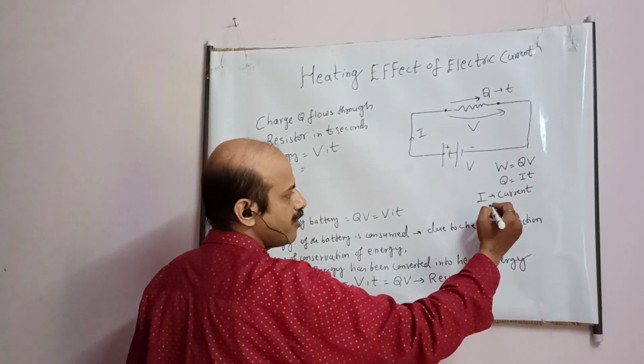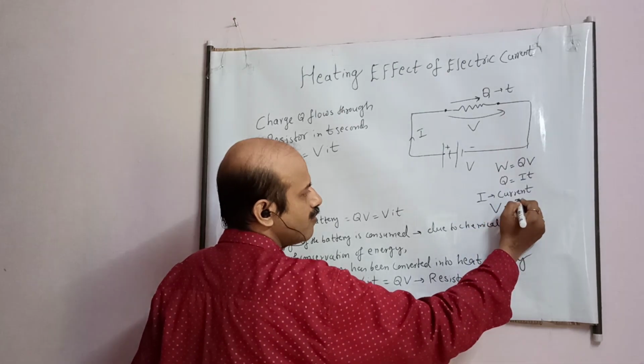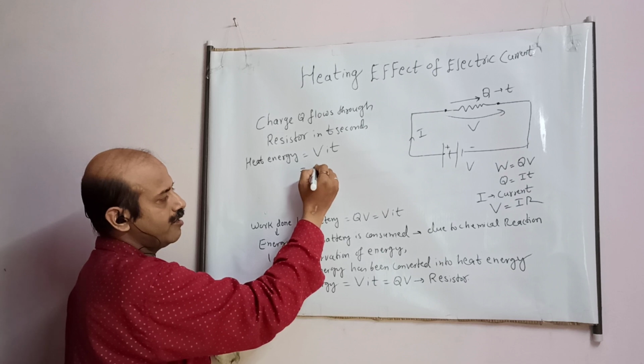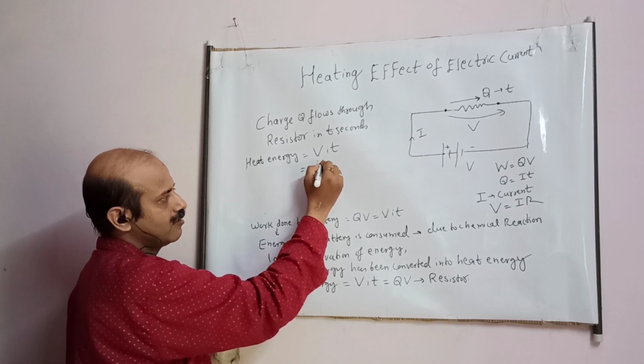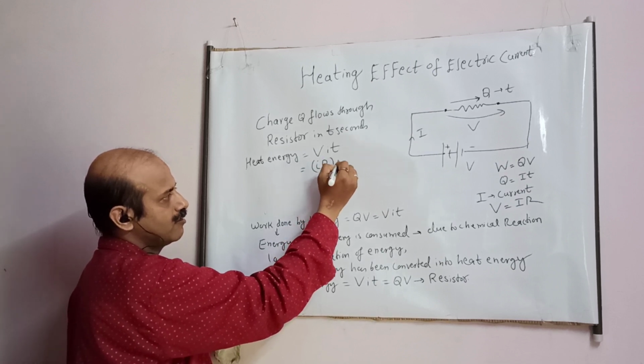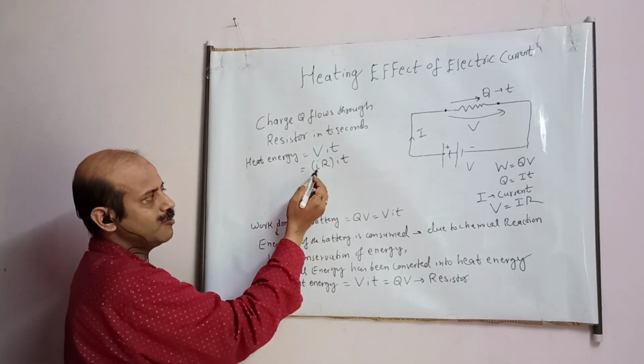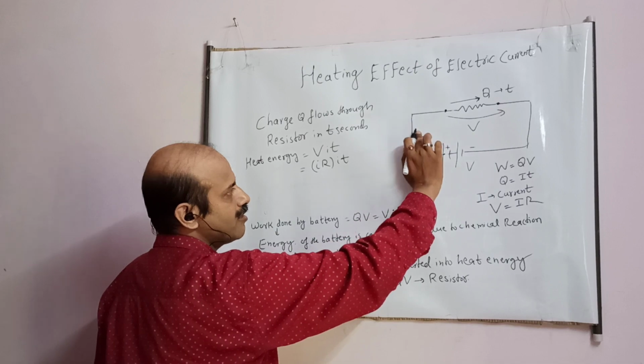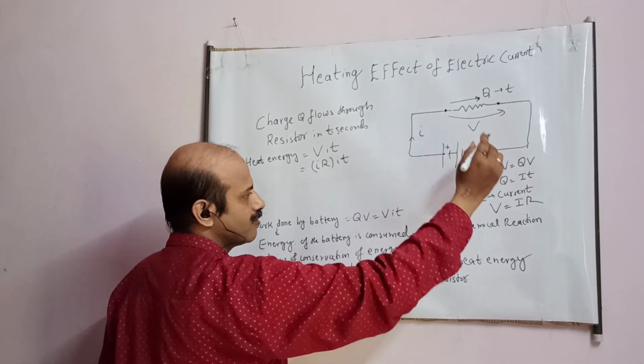What is Ohm's law, student? V is equal to IR. Substitute IR here, I will get, here I am using small letter i, student. Here I have written capital I, so I am writing it small i only, student. Okay.